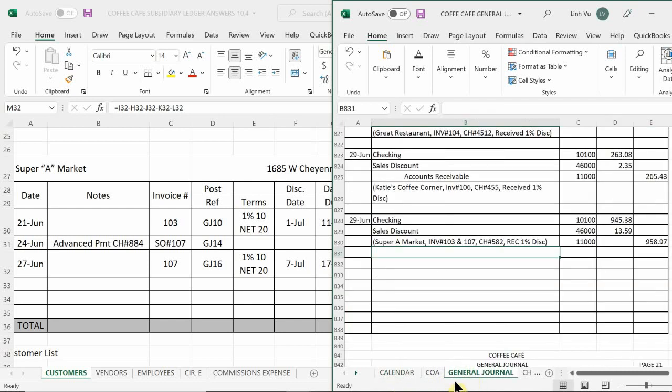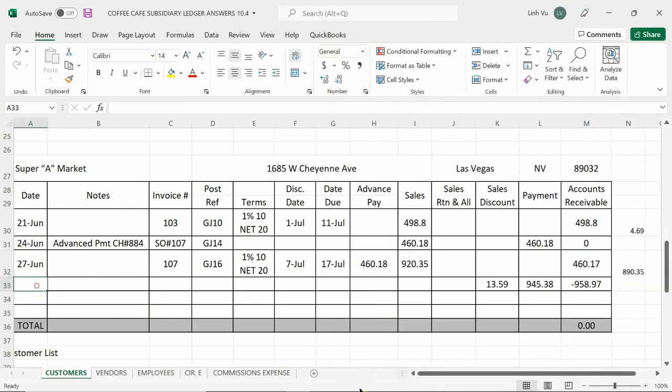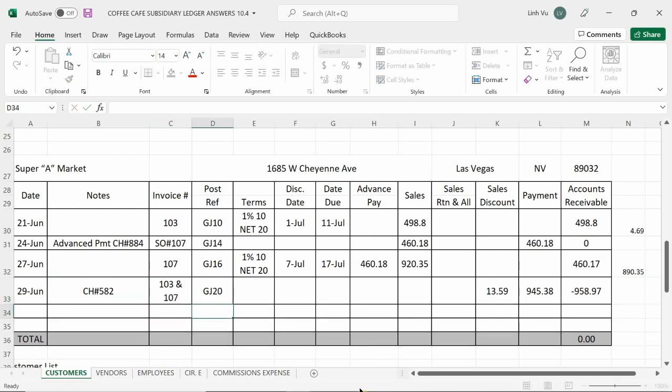Since we are here in the subsidiary ledger, go ahead and finish it off. The date is the 29th. Check number 582, invoice number 103 and 107, General Journal 20, and the rest of the stuff is done.